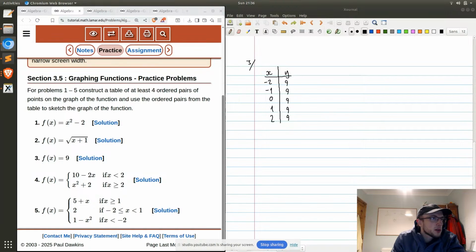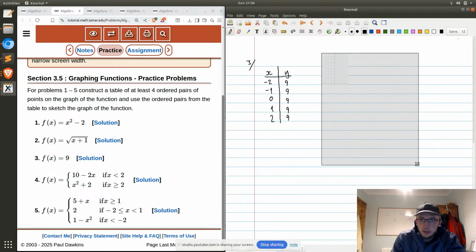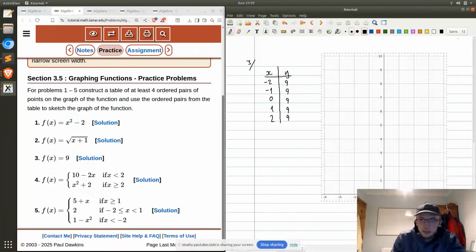This will be a horizontal line passing through y equals 9. This should be all right, but we need to expand it, I guess.